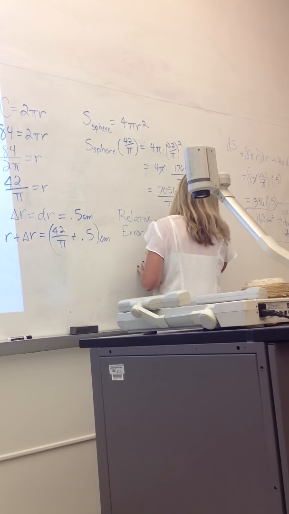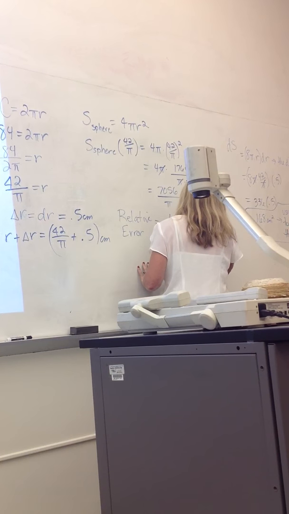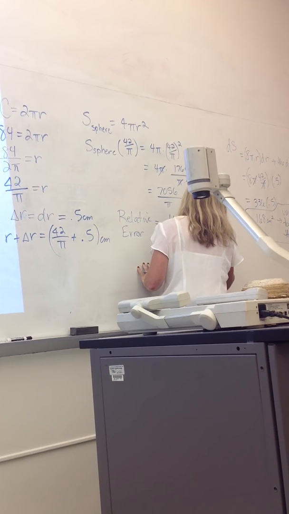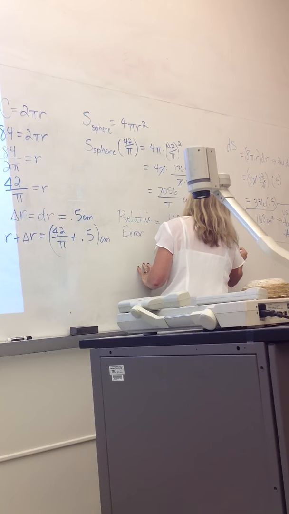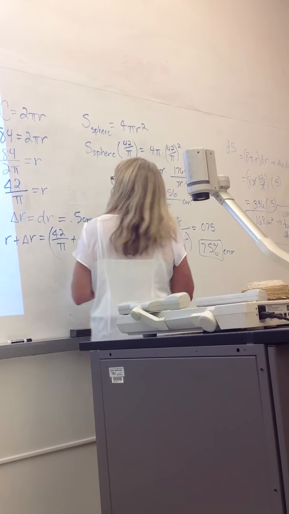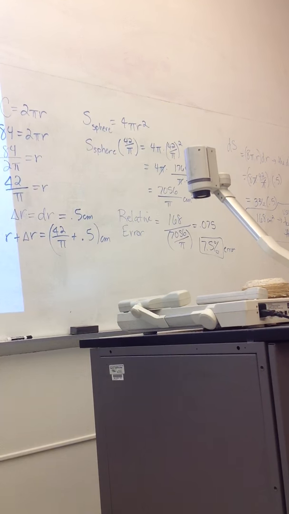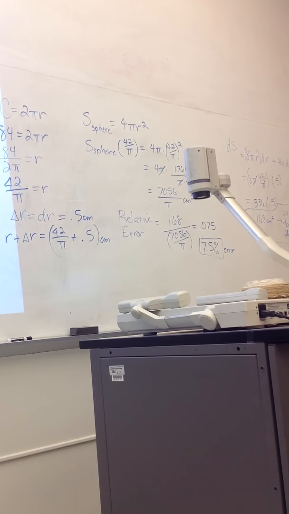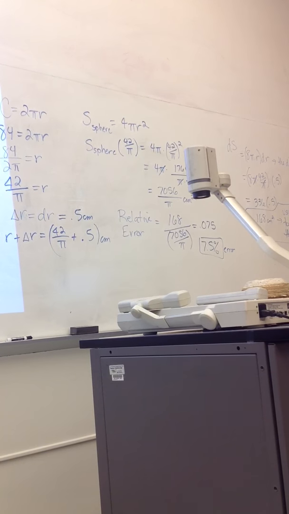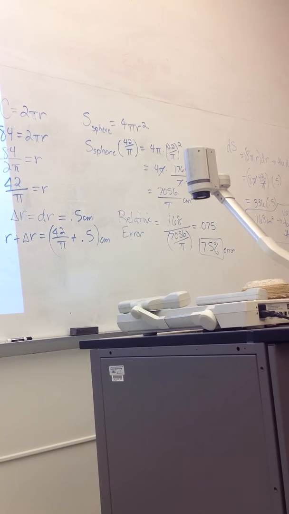So 0.075, so approximately a 7.5% error. So being off by 0.5 centimeters creates a surface area error of about 7.5%.